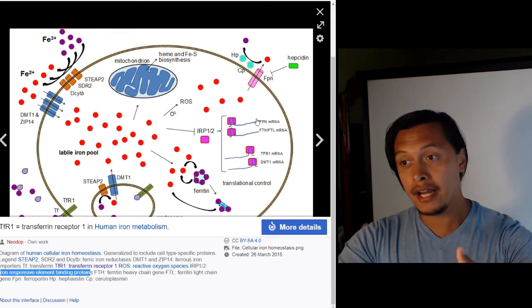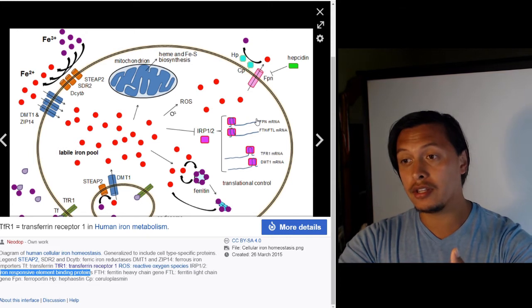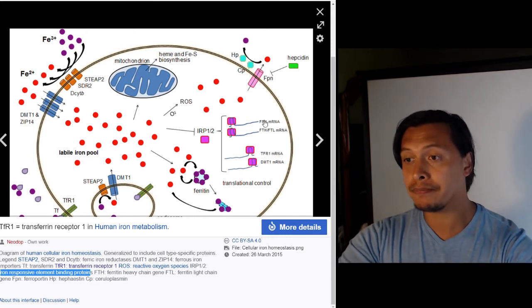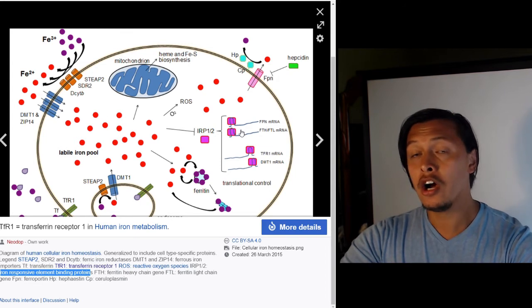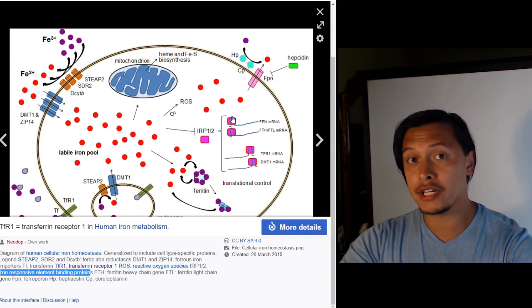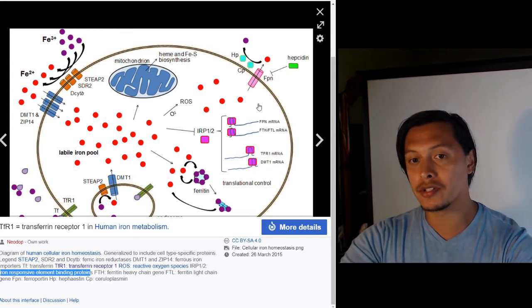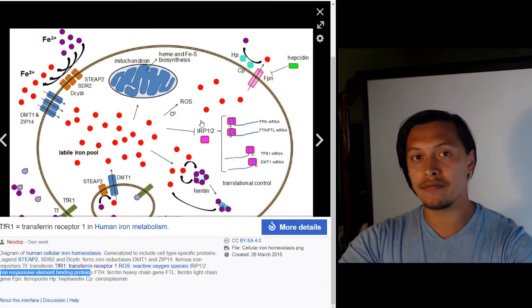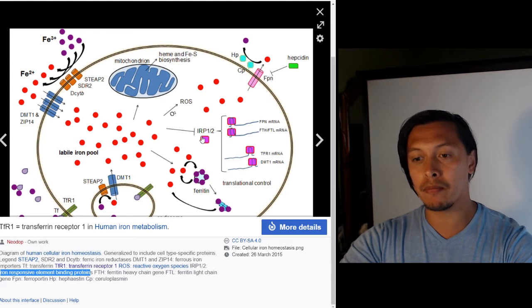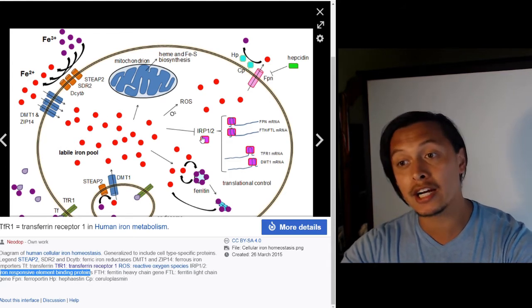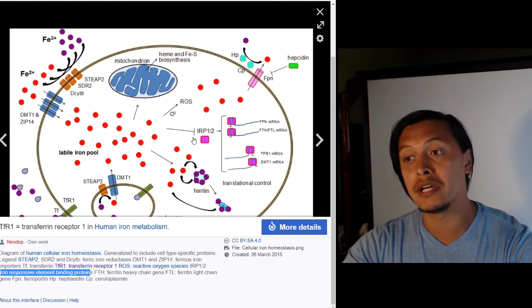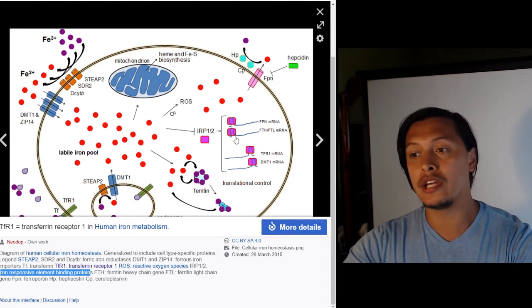Your body has synthesized these from your DNA. It has synthesized messenger RNA, which can encode for a lot of proteins that are involved in iron homeostasis. And as these iron responsive element binding proteins interact with their iron, it prevents them from being able to bind to the mRNA.